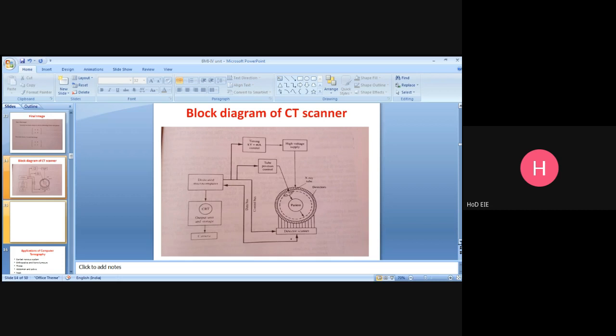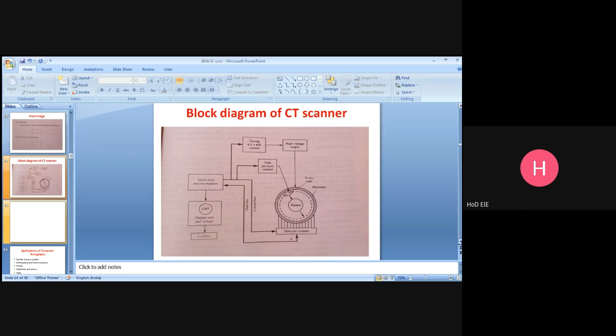The output unit, as I told you, is the CRT, which gives a visual image of the transverse plane cross section of the patient. That is on your cathode ray tube. If you want, you can also photograph it using the camera, if you need a hard copy record.